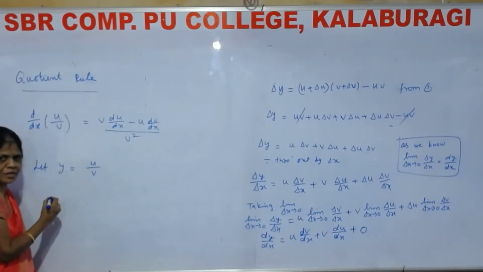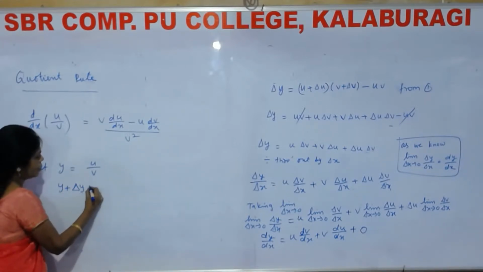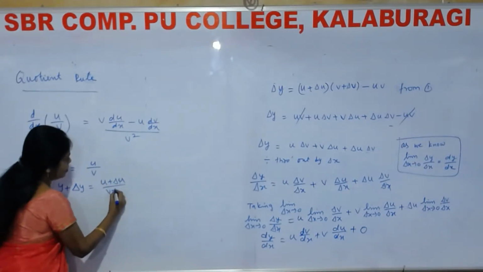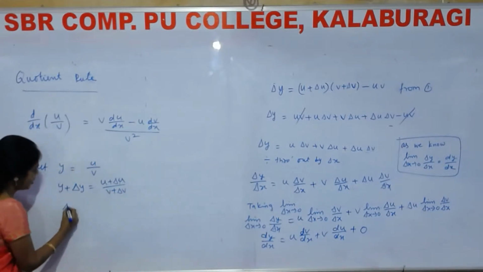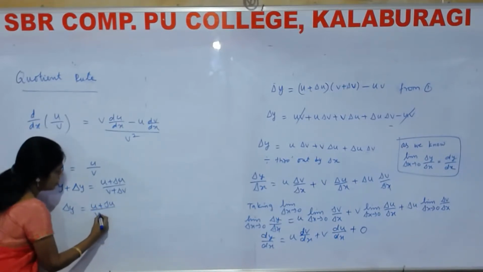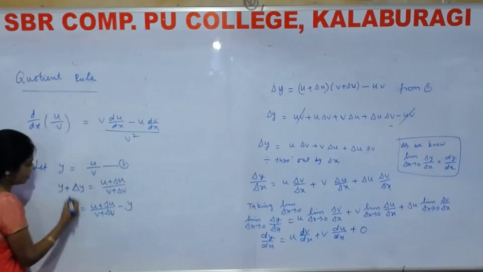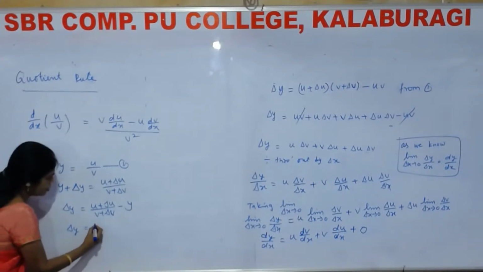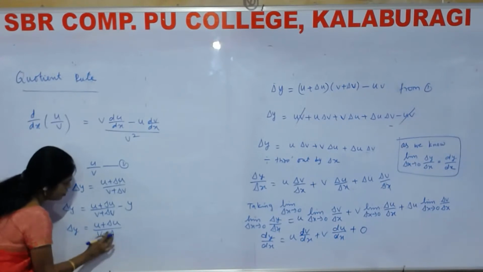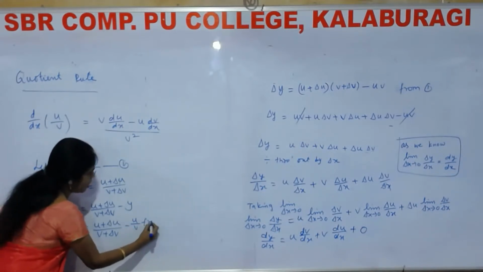Tell me students, please. y plus delta y is u plus delta u by v plus delta v, minus y. What is y? u by v. Minus u by v, it is from 1.